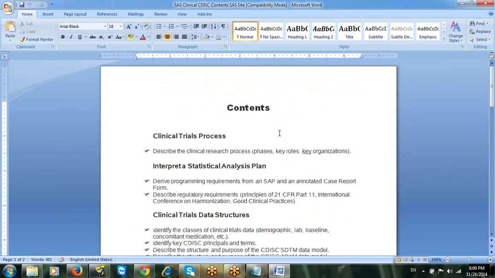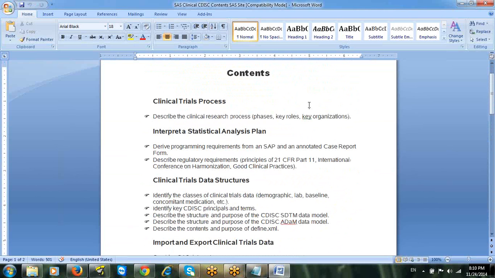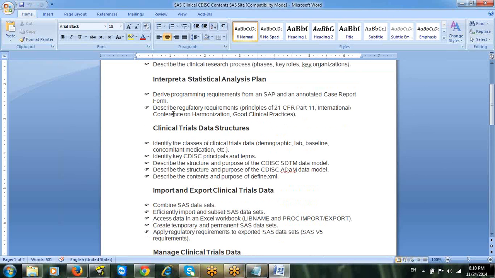First we will have some theoretical part regarding what clinical trials are, the different phases, key roles, key organizations, what SAP is, CRF, annotated CRF, the guidelines, and regulatory requirements to submit the data to the FDA.